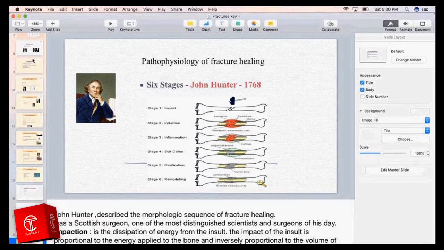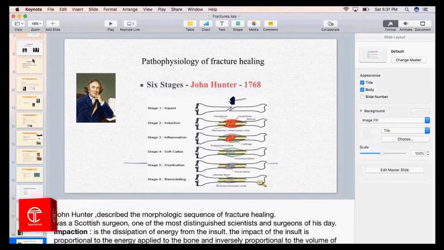Yes, sir. Can you tell me some other contributions of Professor John Hunter to modern medicine, apart from fracture healing? Sir, John Hunter enabled us to know the different stages of syphilis.